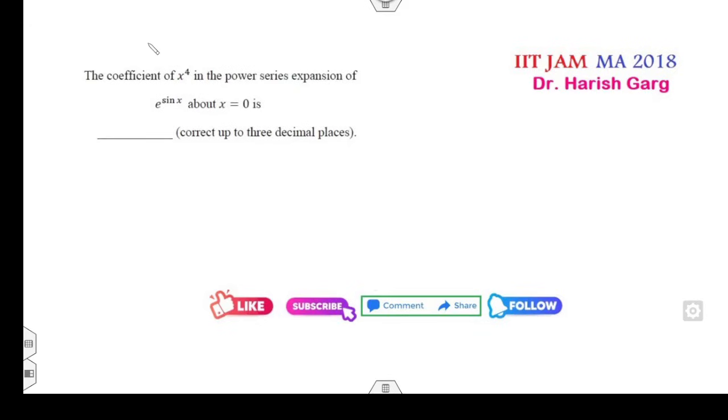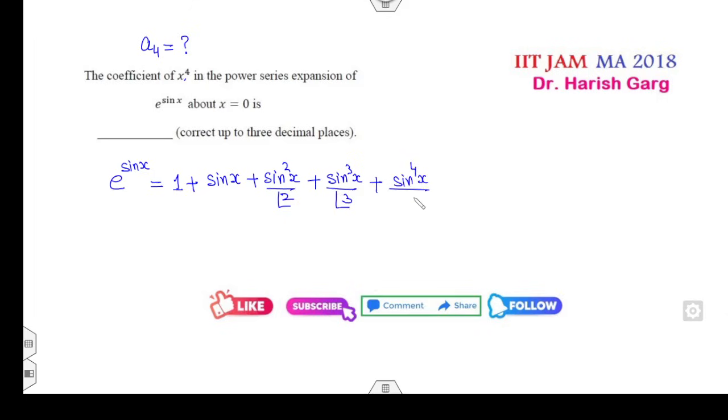Write the coefficient of x raised to power 4. That means your target is to find the a4. Now how can you write the e raised to power? So I can expand the series, that is 1 plus sin x plus, because power is 4, so we write up to power 4, x square by 2 factorial, x cube by 3 factorial plus x raised to power 4 by 4 factorial.